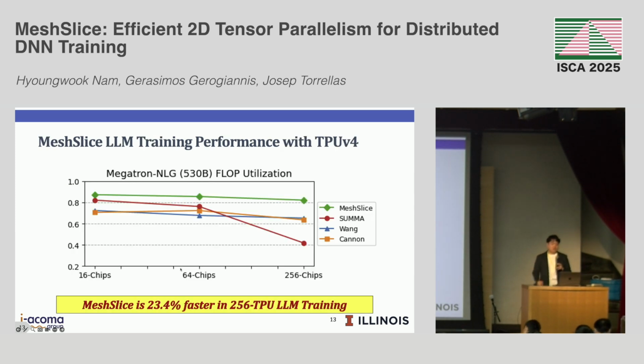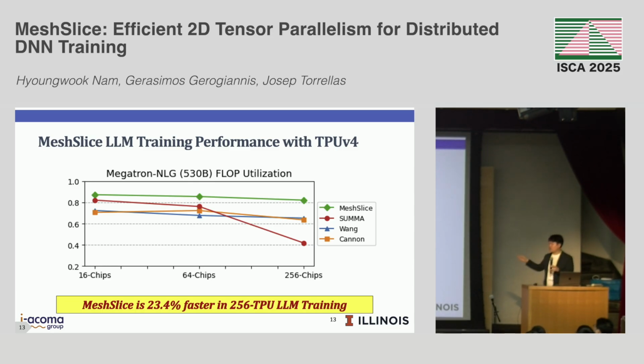We're benchmarking the LLM training performance of 4 2D GEMM algorithms: MeshSlice, SUMMA, Wang, and Cannon. We simulated TPU clusters of up to 256 chips. Here we compared FLOP utilization, which is directly proportional to the performance itself. And on the x-axis, we are applying weak scaling.